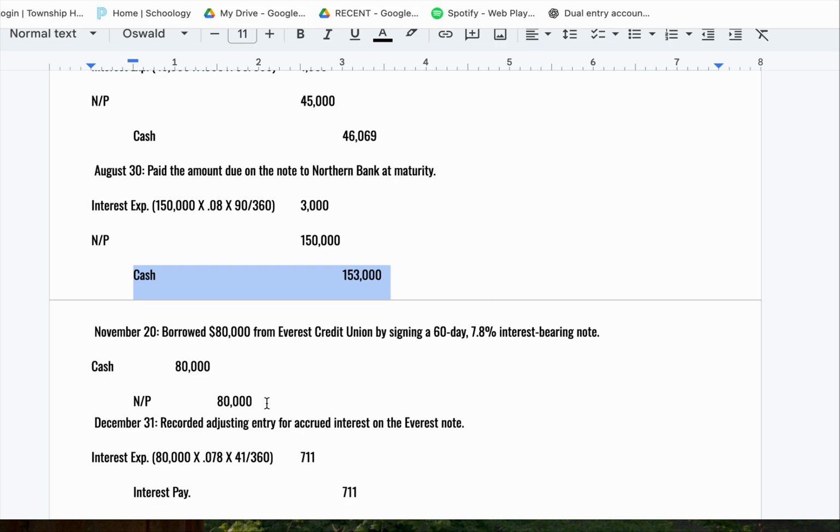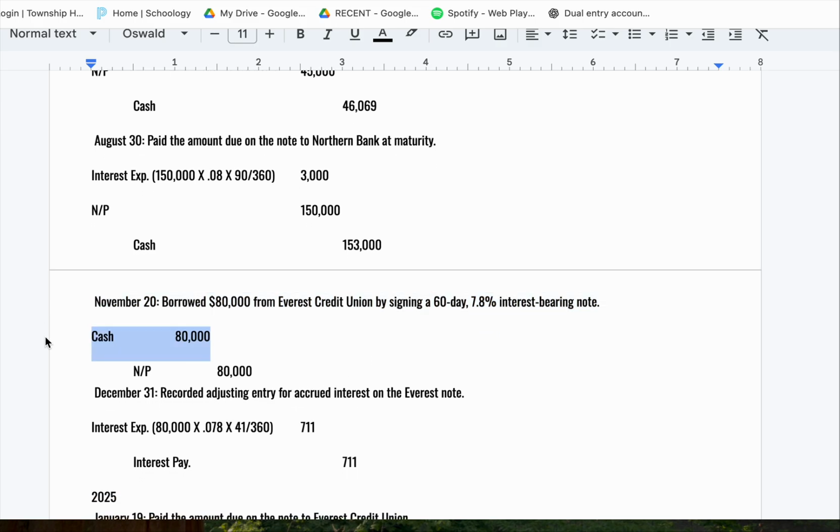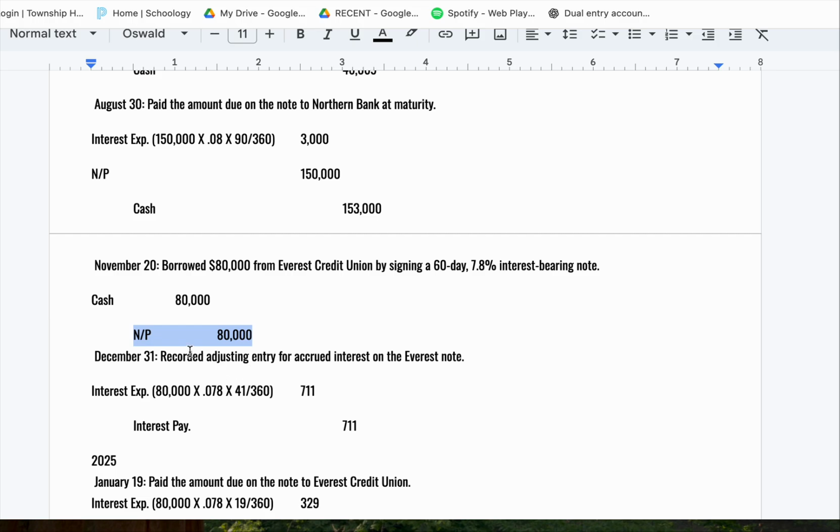Then they borrowed some more money from a credit union, $80,000, 60-day, 7.8% interest. So that's just a debit to cash, credit to notes payable. And then this one is a little bit different because the year ends with some interest accrued.